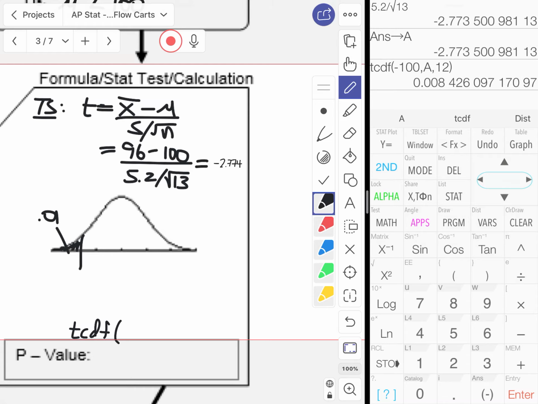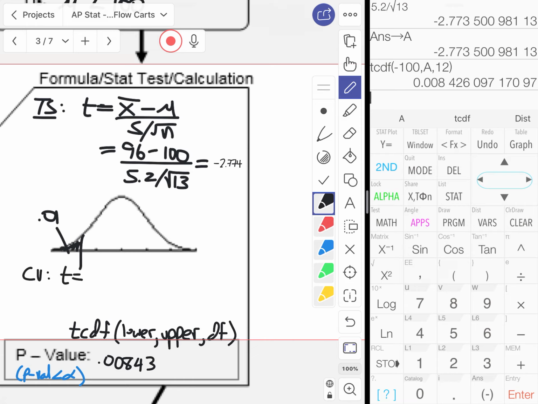So enter. So again, lower, upper, degrees of freedom, 0.00843. All right, so I'm just going to make a little note to myself. The p-value is less than the alpha value. I also need my critical value for t.